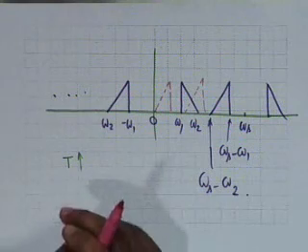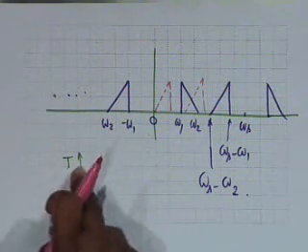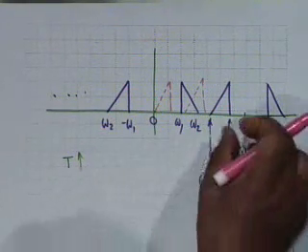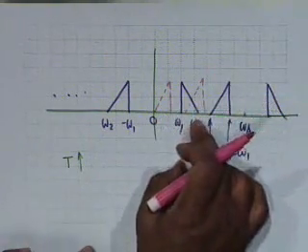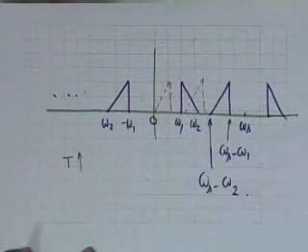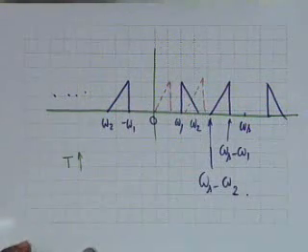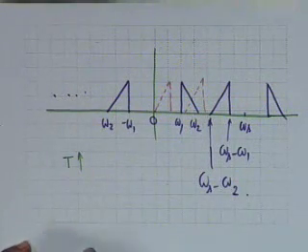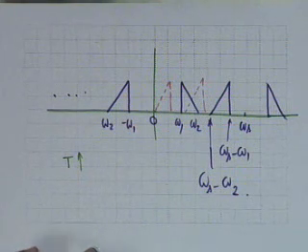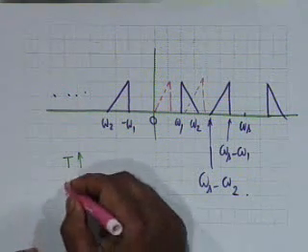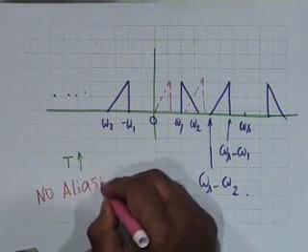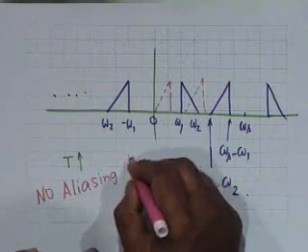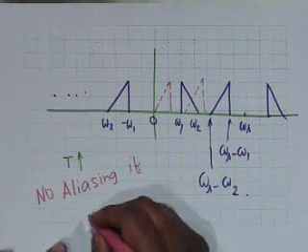So it is possible to choose a capital T such that this spectrum is shifted beyond this basic spectrum towards the origin of the frequency axis, and we shall avoid aliasing if omega 1 is greater than half omega 2.